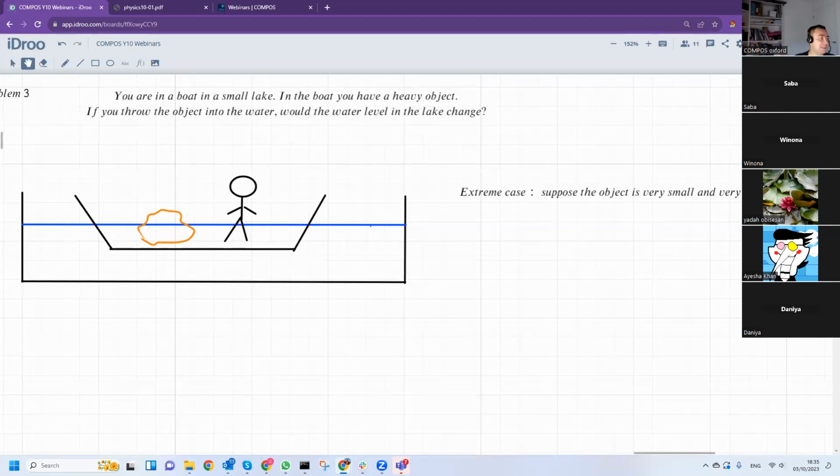Well, if you drop something into the water level increases, yes? Right. So let's say the rock is here. It's not in the boat.